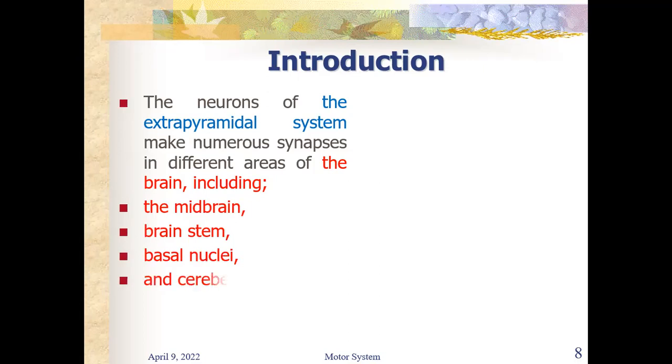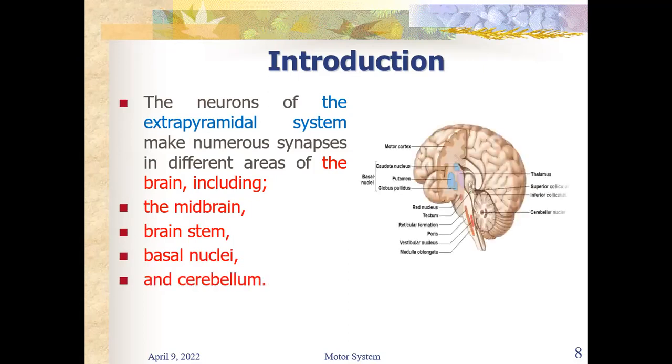The neurons of the extrapyramidal system will make numerous connections with structures in the brain. Like in the midbrain, there are connections between some extrapyramidal tracts and the midbrain, even the brainstem nuclei, even the basal ganglia.